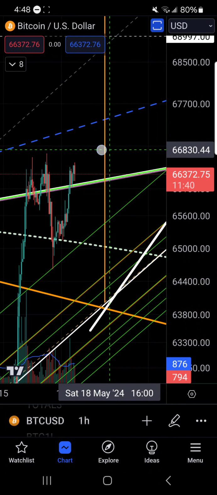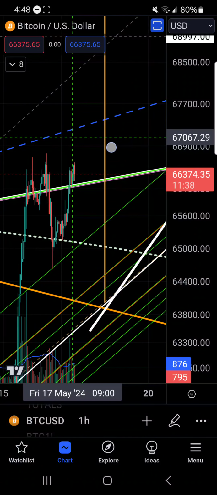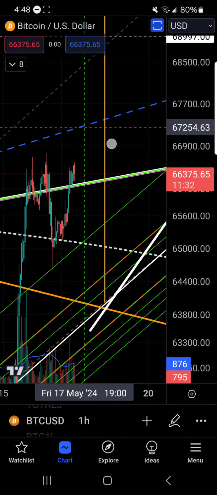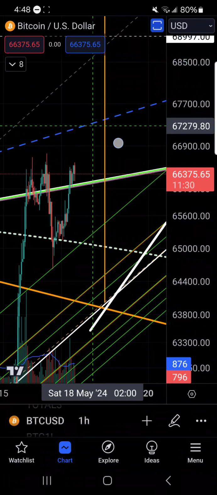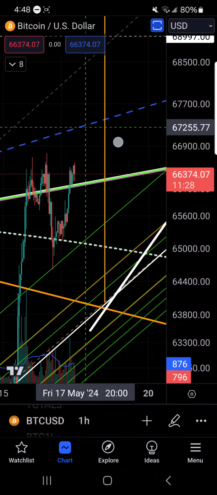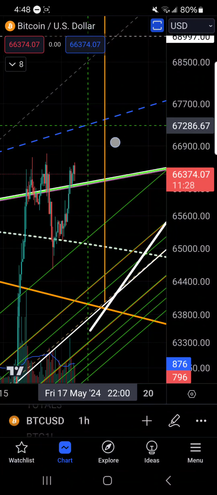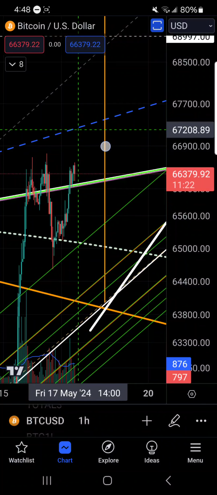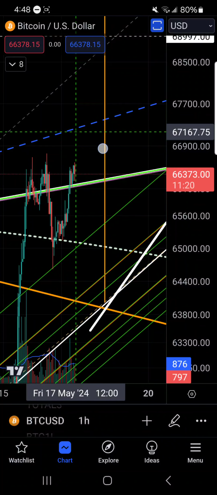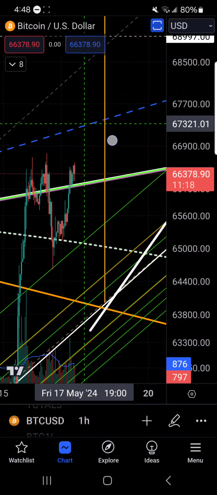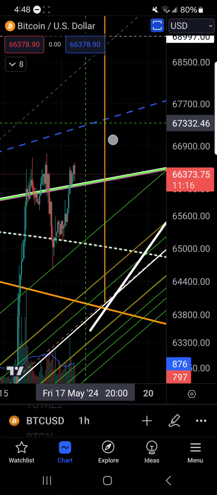The other blue line of that channel I was speaking about earlier is at 67,200. Remember I said earlier we might see a little bit of resistance here, a little bit of hang up here. And that's right in the range of 67,100 to 67,340 throughout the day today.